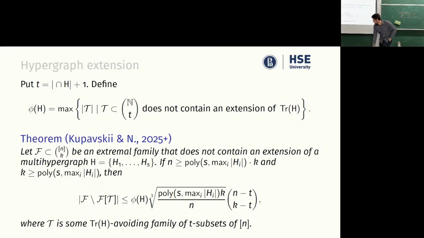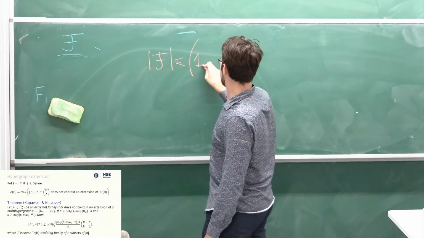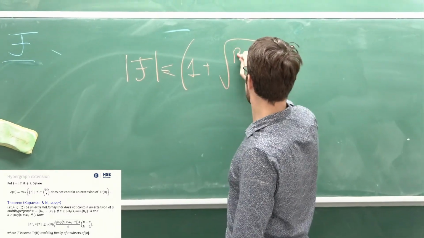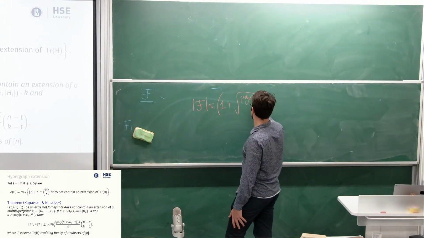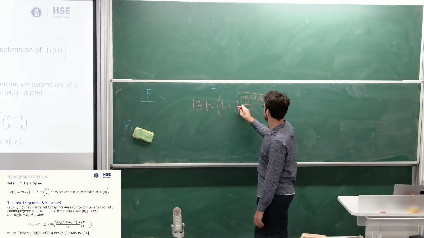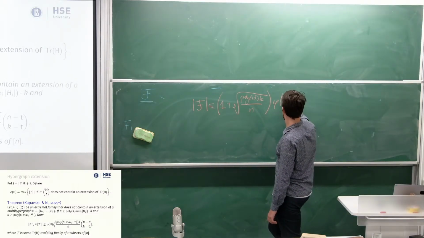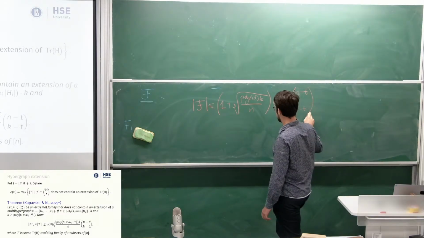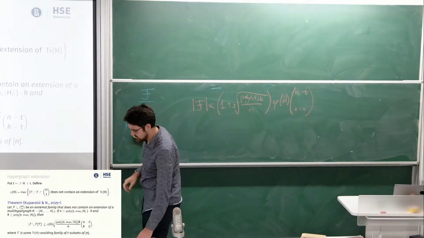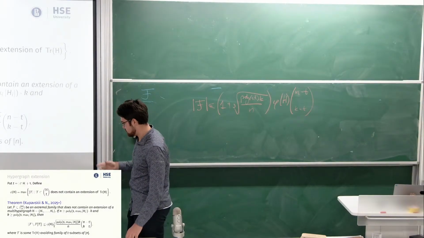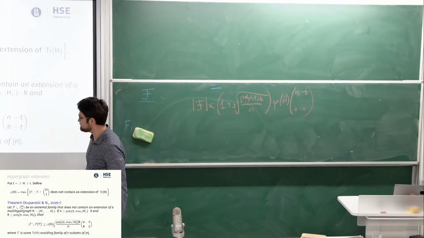In particular, we have that the size of F is at most 1 plus something polynomial in s, k divided by n, not square but cubic root, times phi of H, and minus t choose k minus t, and this result is tight as for the Duke-Erdős sunflower problem.